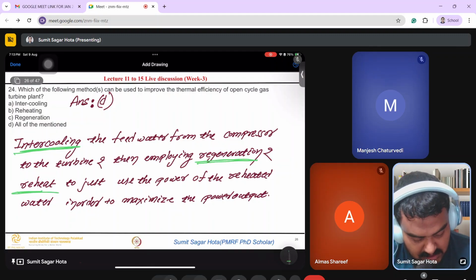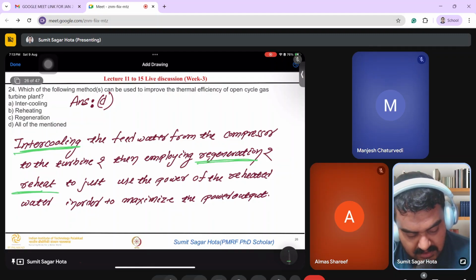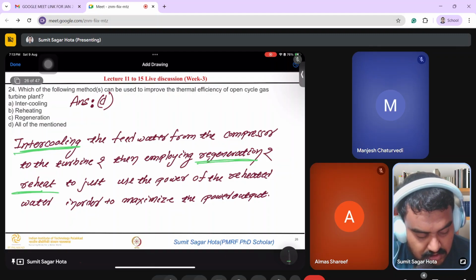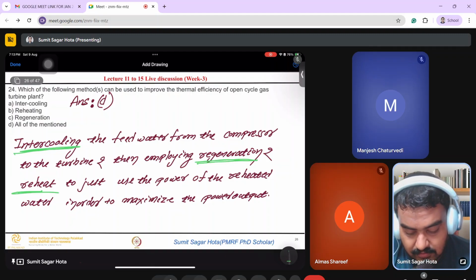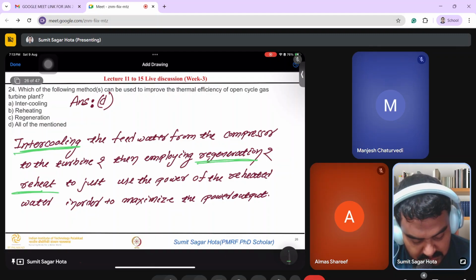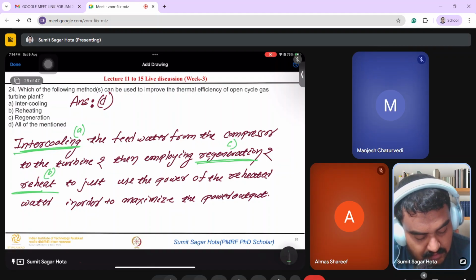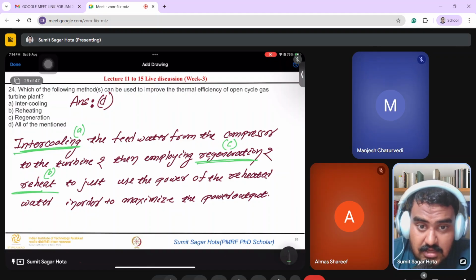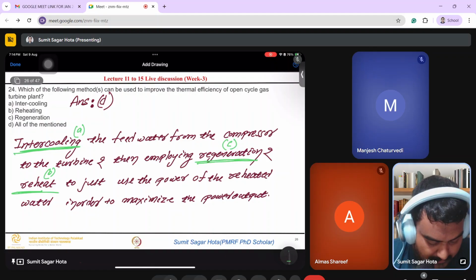And after that, to use the power of the reheated water in order to maximize the power output. Okay, intercooling, reheating and regeneration, all terms are required to increase the efficiency of the gas turbine plant.